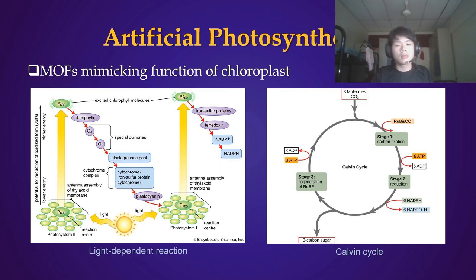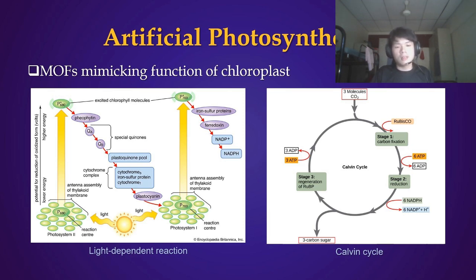In plants, the production of sugar can be summarized in two main steps called the light-dependent reaction and the Calvin cycle, also known as the light-independent reaction. When the chlorophyll absorbs light energy, it excites an electron, which is accepted by a primary acceptor. This electron is then passed through a series of special protein structures and accepted by another chlorophyll in another photosystem.